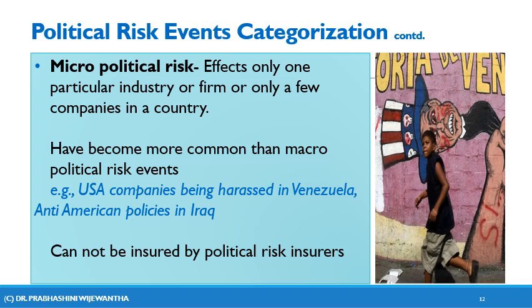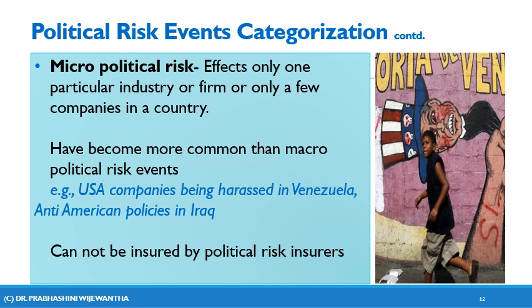In that case, that is a micro political risk event. Why? Because this harassment by the Venezuelan national government is targeted only at a few companies in Venezuela, those with headquarters in the USA. The other foreign companies operating in Venezuela do not face this problem.